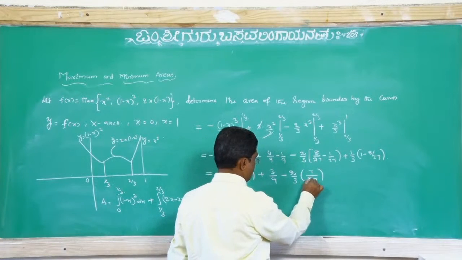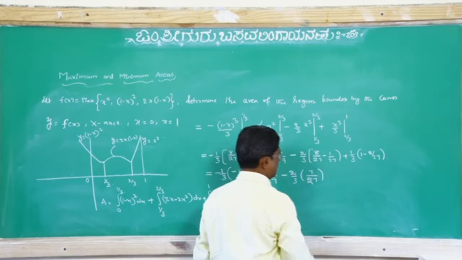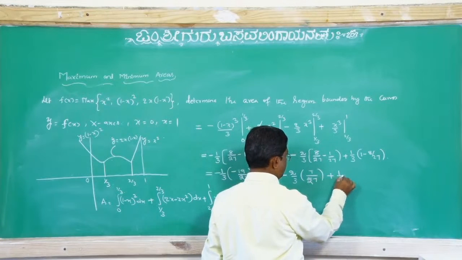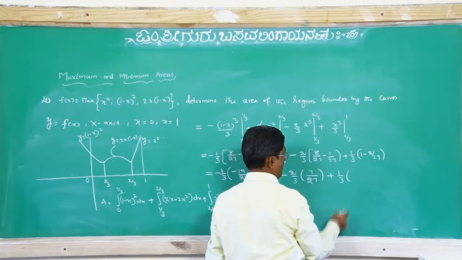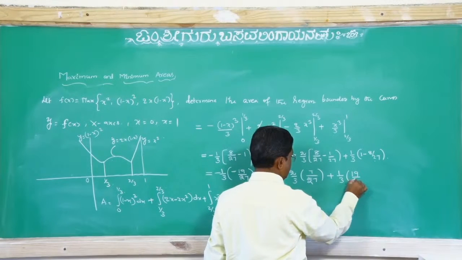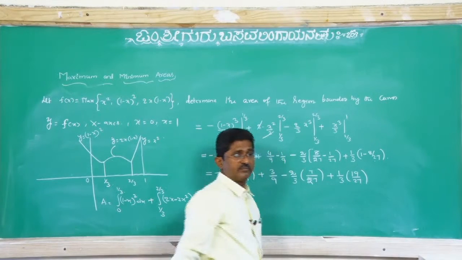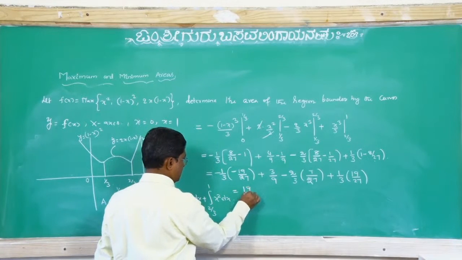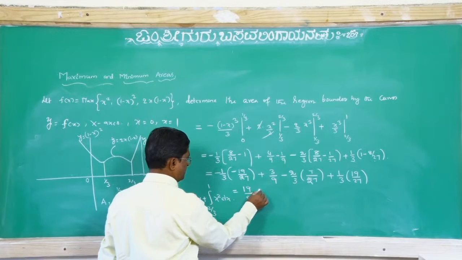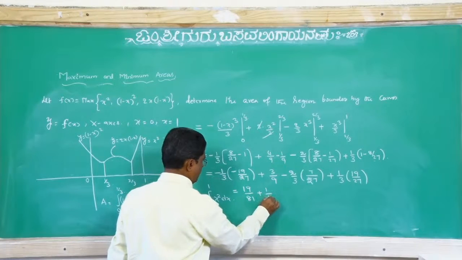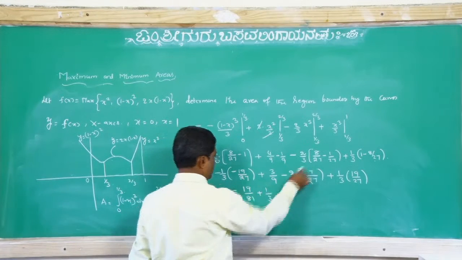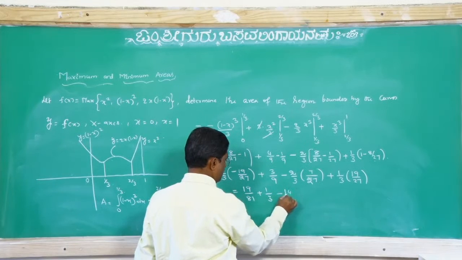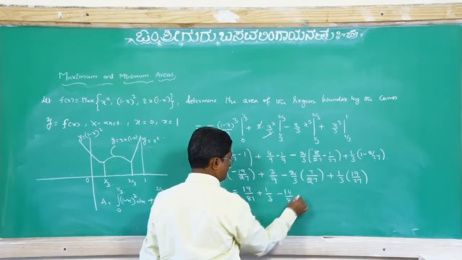Next, plus 1 by 3, 27 minus 8 equal to 19 by 27. So minus minus plus 19 by 81, plus 1 by 3, 7 twos are 14 by 81.